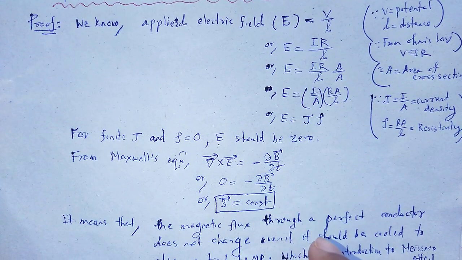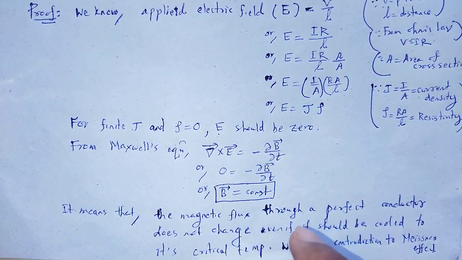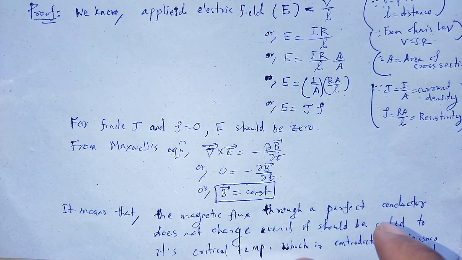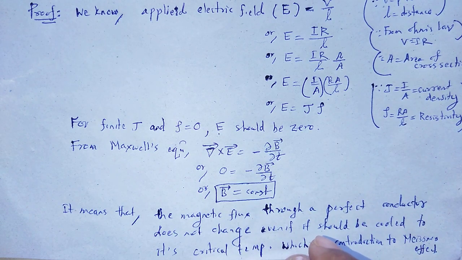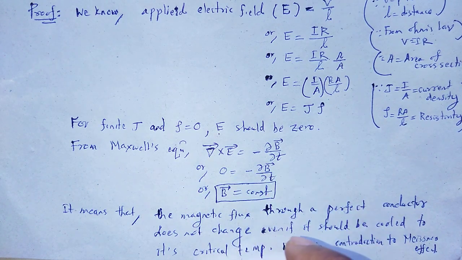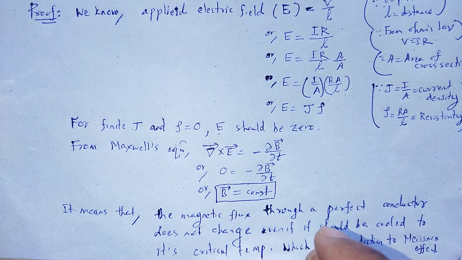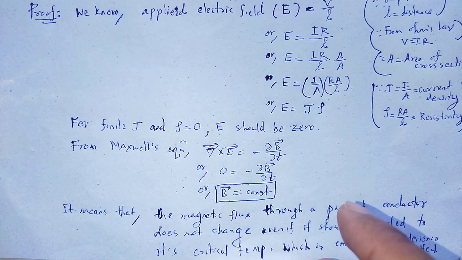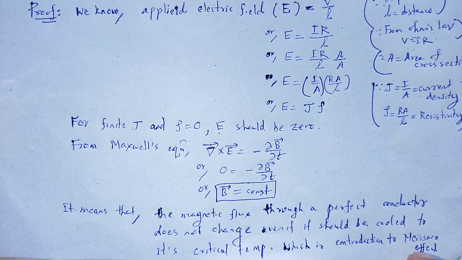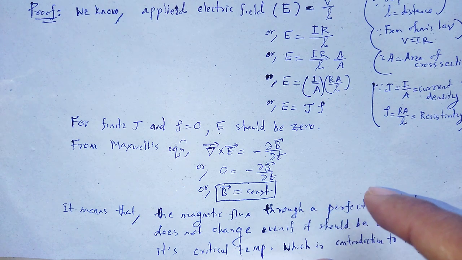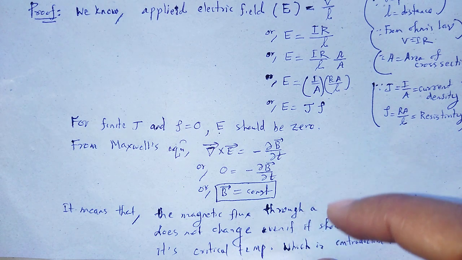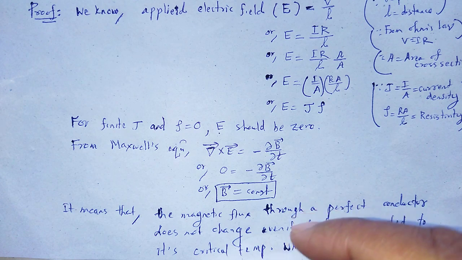That expression indicates the magnetic flux through a perfect conductor does not change even if it is cooled to its critical temperature, which is a contradiction to the Meissner effect, and it shows the perfect diamagnetism of the superconductor can't be explained simply on the basis of zero resistivity. Two aspects of the Meissner effect and their proofs in mathematical form are given to you.